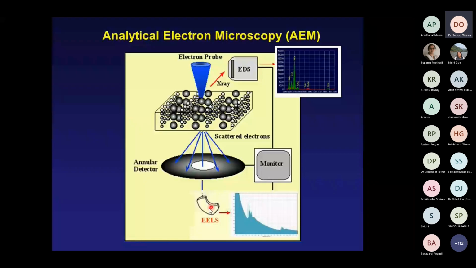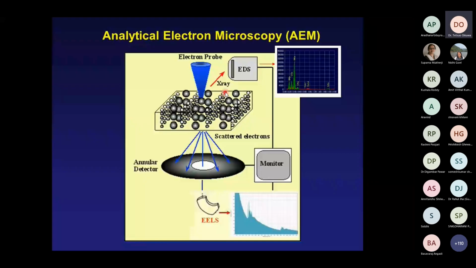Advantage of STEM imaging: the scanning STEM image can be observed simultaneously with the corresponding position's EDS X-ray nano analysis, and also electron energy loss spectroscopy analysis. So the STEM formation is very convenient to apply to analytical techniques like this.